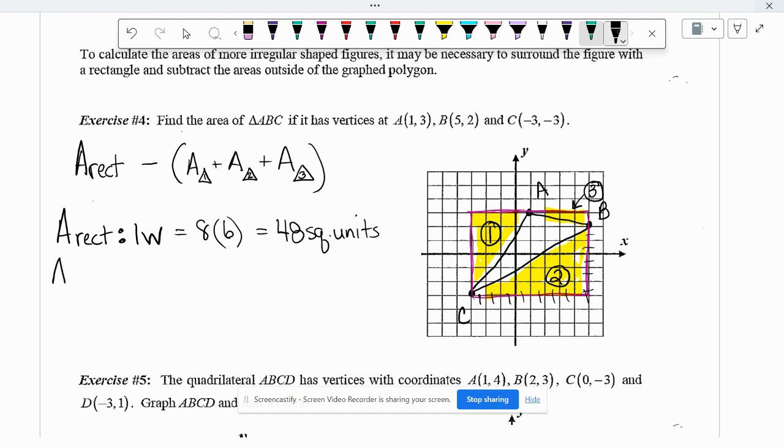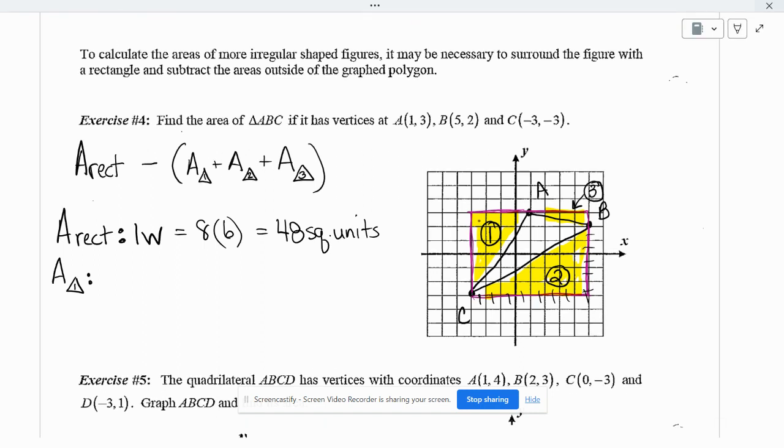Let's find the area of triangle number 1. Notice that these horizontal and vertical lines make a perpendicular right here. So we could say that the base is 1, 2, 3, 4 units.